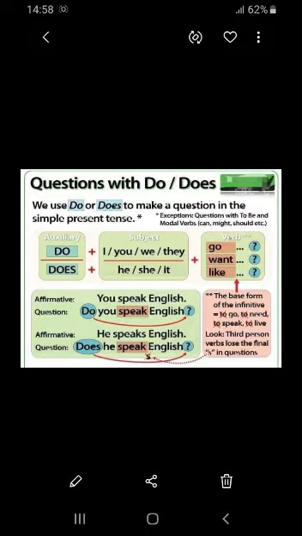Yes, there is no S. Of course, no S, because we have already does, and the second verb is always in the infinitive. So, third person verbs lose the final S in questions. Okay? So this is how to make questions. We start with the auxiliary plus subject plus another verb in the infinitive.